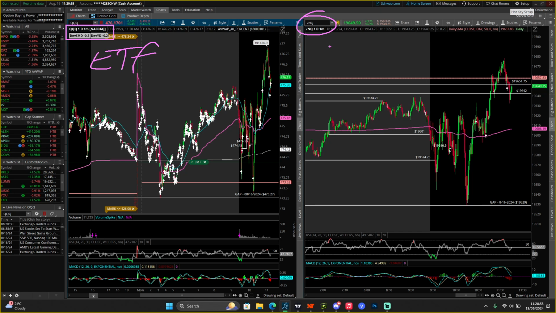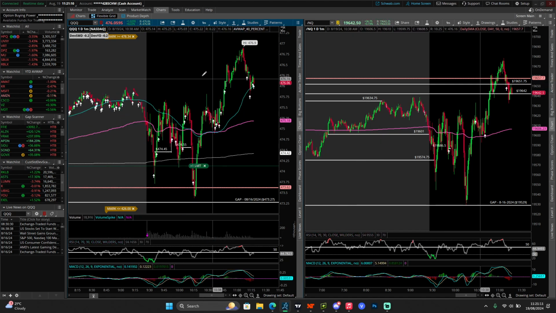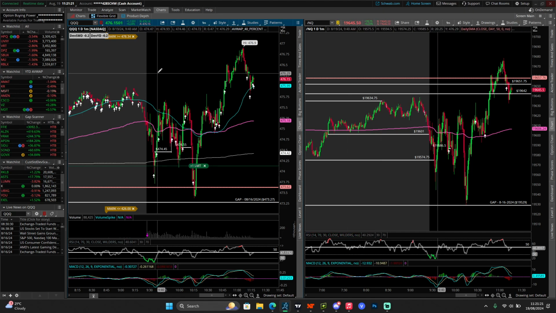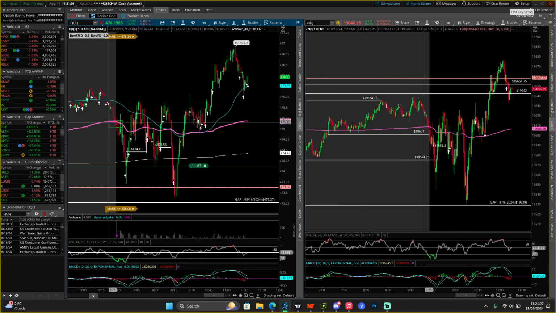So NASDAQ futures over here, ENQs, and this is the ETF of this. So they trade very similar, but there will be slight differences, especially in the overnight trading, because ETFs tend to only trade market hours, again, that 9:30 to 4 p.m., whereas futures are a bit longer, near enough 24/7. Or 24/5.